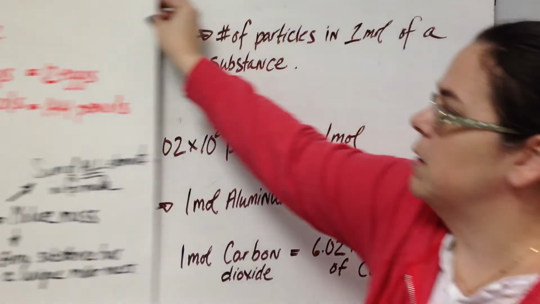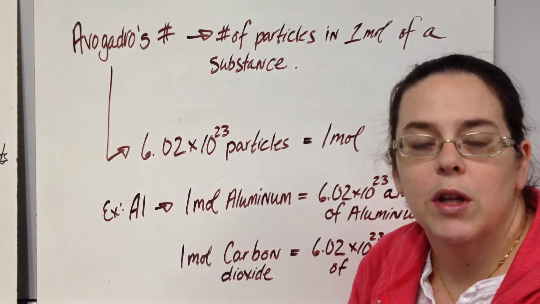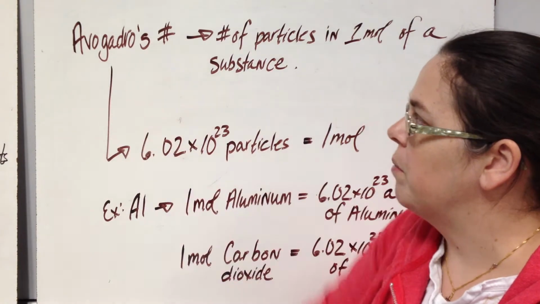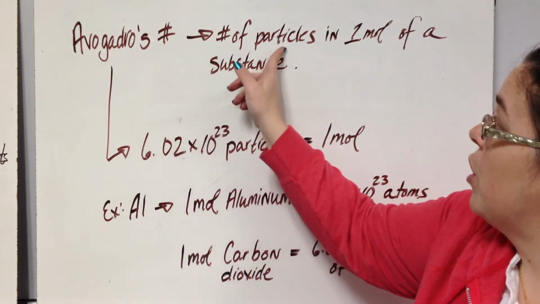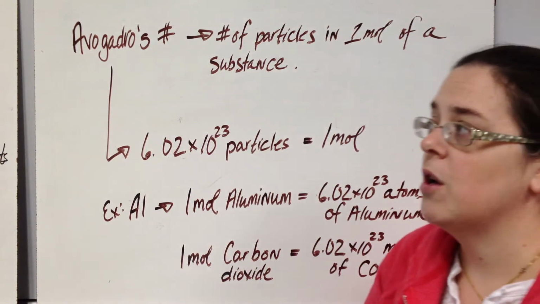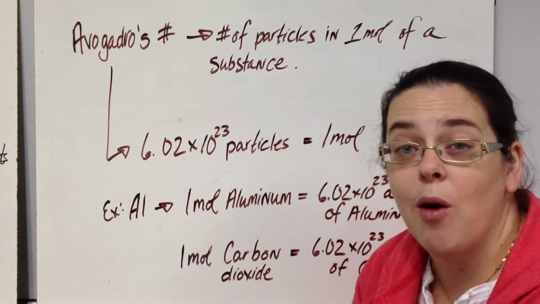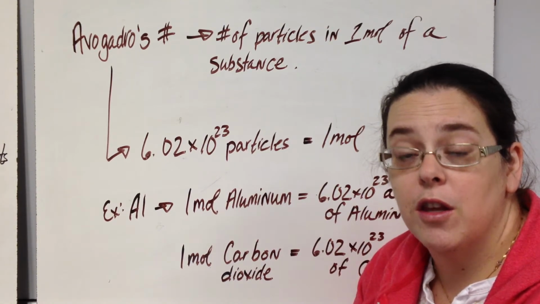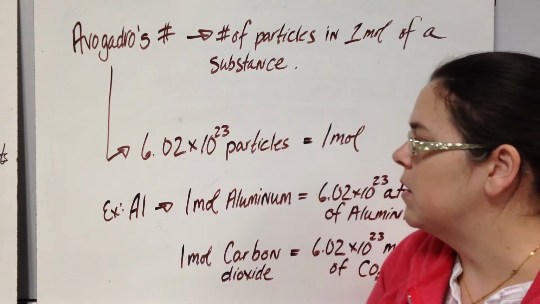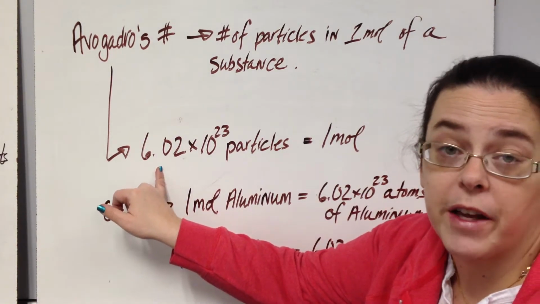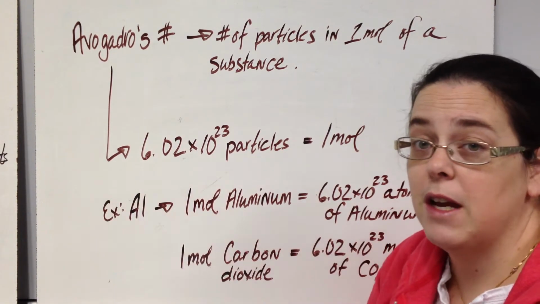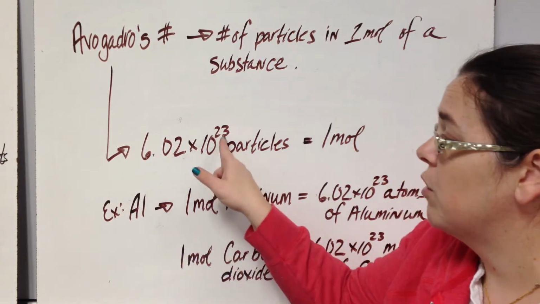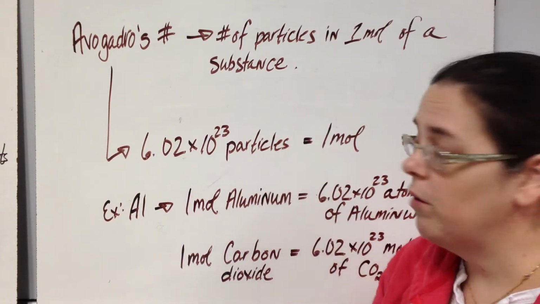It's a counting unit. Okay, along with the mole is another measurement called Avogadro's number. Avogadro's number is the number of particles in 1 mole of a substance. So we're taking the idea of a mole and figuring out how many particles, how many atoms, or how many molecules there are in 1 mole of that substance. Avogadro's number has already been calculated. It's found on your reference table on the first page, so you don't need to memorize it. 6.02 times 10 to the 23rd particles is equal to 1 mole of any substance.